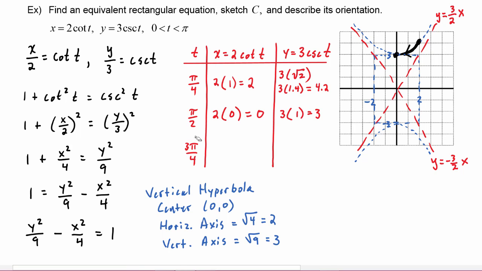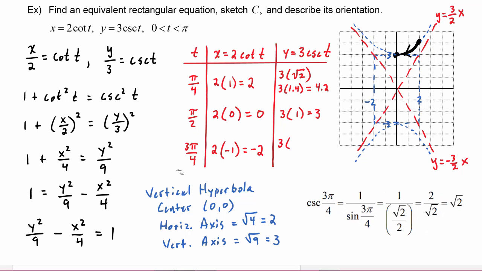If we plug in 3 pi over 4, we get that x is equal to 2 times the cotangent of 3 pi over 4, which is negative 1. So our x value is negative 2. To find the y value, we will do 3 times the cosecant of 3 pi over 4, which is radical 2.